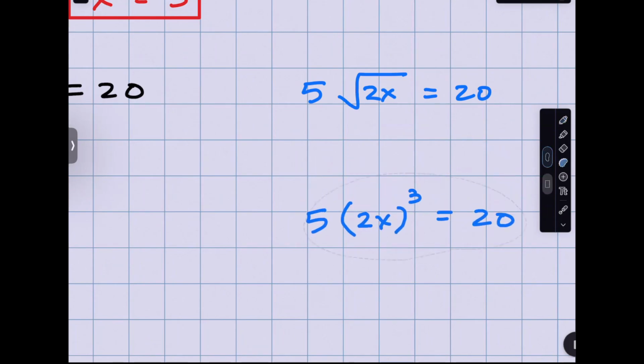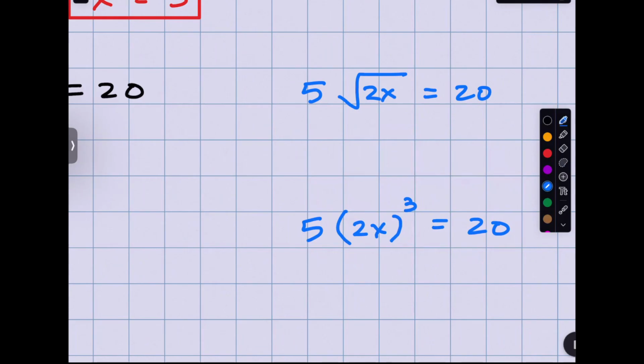Okay, first you would divide by 5. And then what would you do? I'm not talking about this unit. I'm talking about if an intermediate algebra student came to you and said, how do you do this problem? I'm really confused.